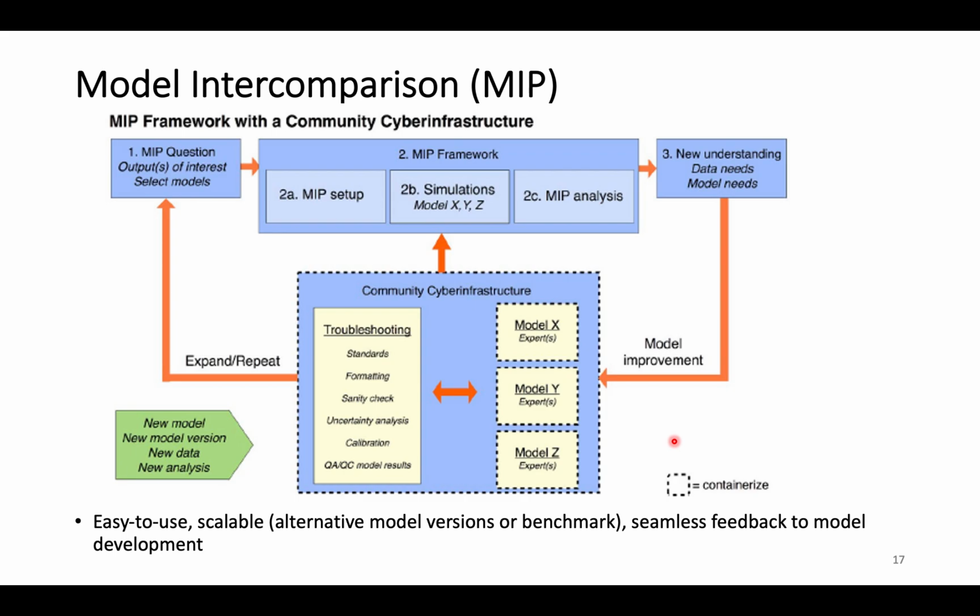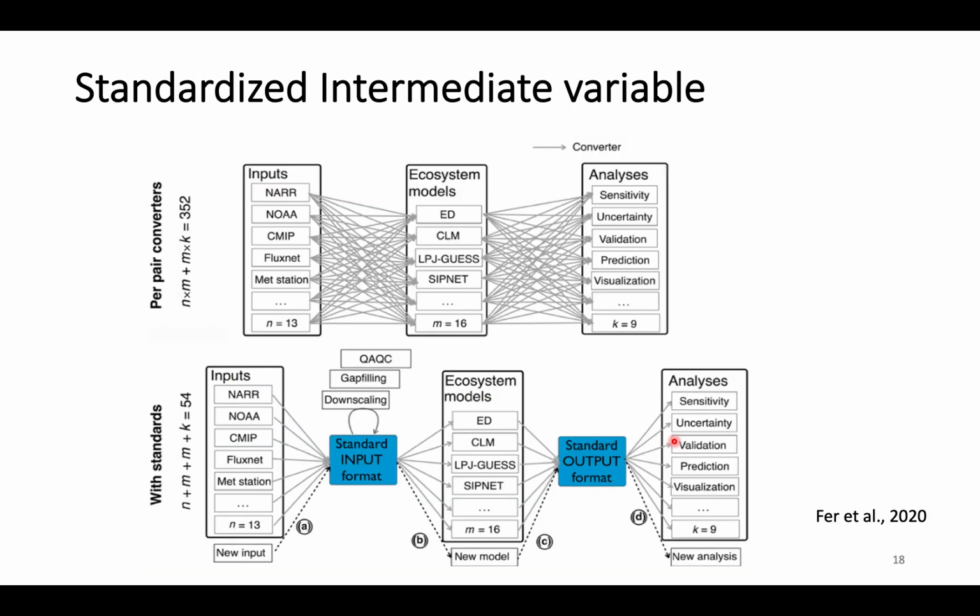Community cyberinfrastructure largely simplified the workload to incorporate a new model or alternative model versions into model intercomparison, or MIP. Standardized model inputs and outputs and troubleshooting are embedded in the system. This figure shows the efforts to add new data, model, or analysis.